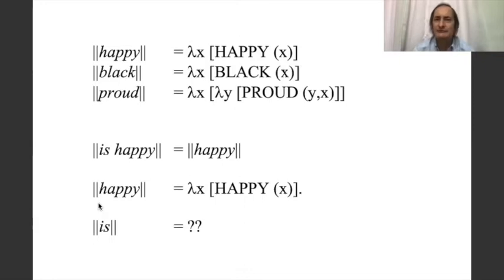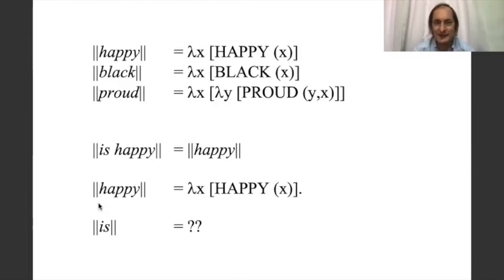So what about the rest? It's a tensed form of be. Does be add anything? It's at least plausible, at least possible, to say that be adds nothing. That its only job is to pass on the content of the adjective below it and to add tense.